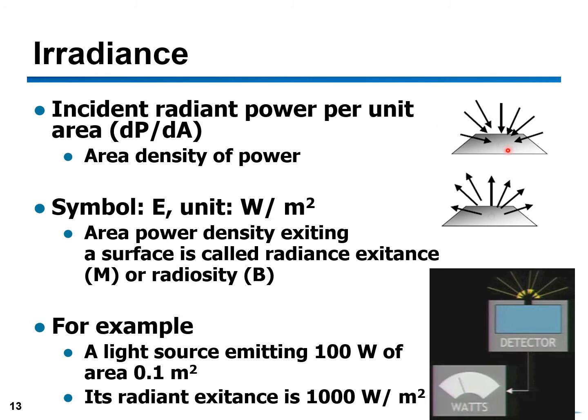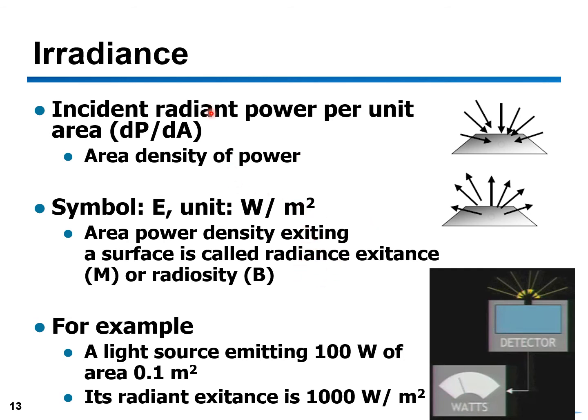Visually, at that point, this is how much energy we are receiving. This is also known as area density of power. Its symbol is typically E, and its unit is watt per meter squared.